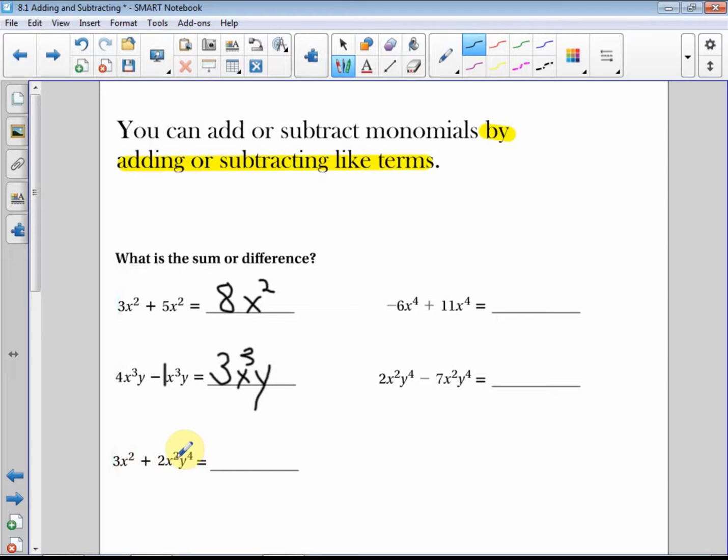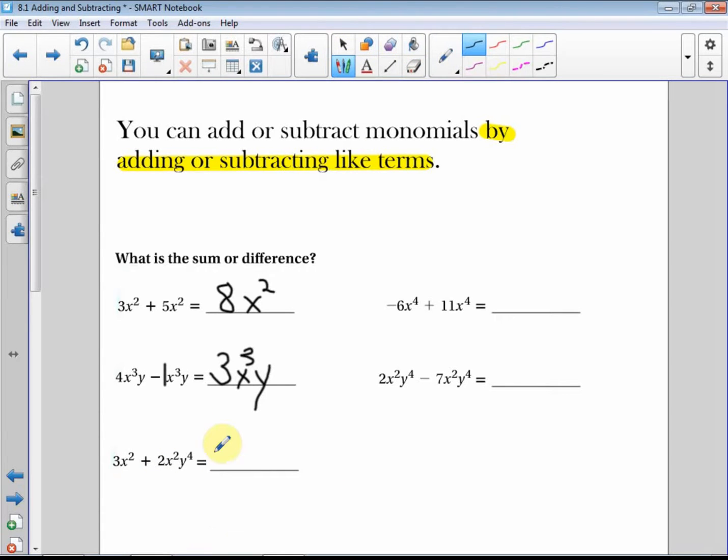Okay, next, adding. We have x squared and x squared y to the 4th. So we're going to add, just kidding, we're not going to do anything. Why? Because they are not like terms. That was close. You cannot add these together. They are not like terms.